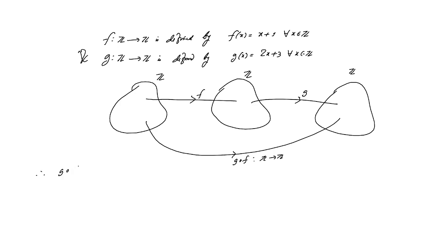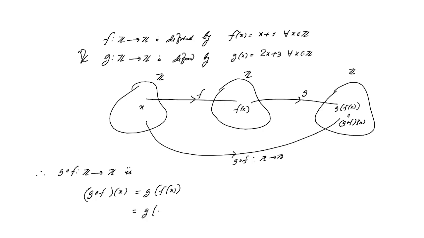So therefore G composed F from Z to Z is G composed F of x. Here it will be x, that will be fx, and this will be G of fx. That will be G composed F of x. According to the definition of composition of maps, it is G of fx. So fx means x plus 1, and G is 2 into x plus 3. So 2 into x plus 1, plus 3.